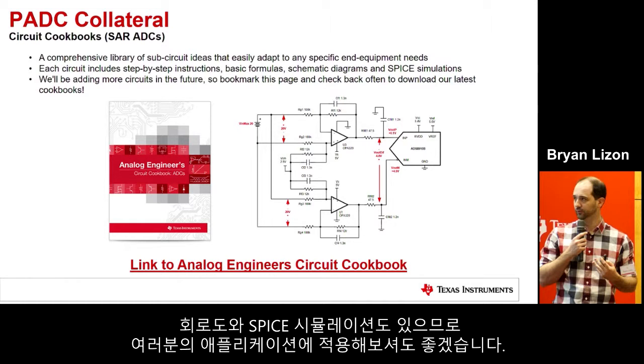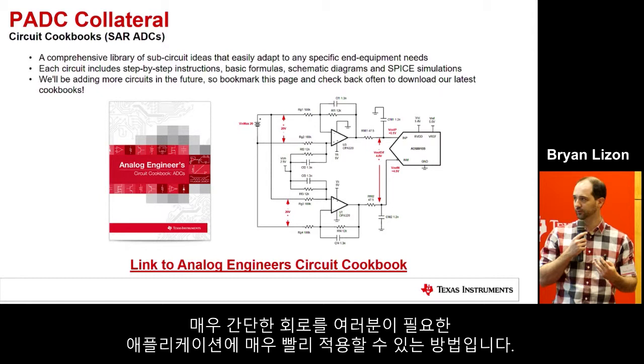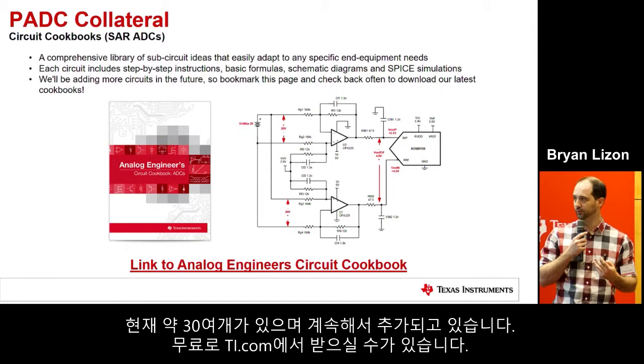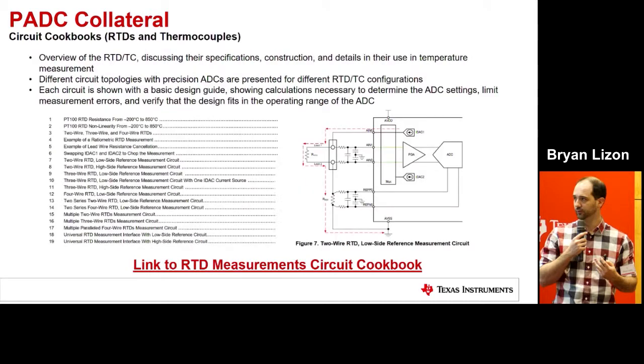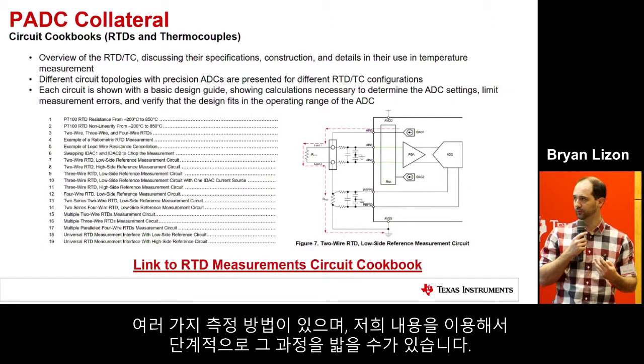So it's a very quick way to adapt a very simple circuit to what you need it to do. There's about 30 or so, and we're adding more all the time. Again, this is available for free at ti.com. There's also one for RTDs and thermocouples specifically, for when you need to measure those. There are a lot of different ways to do so, so this takes you step by step through that process.